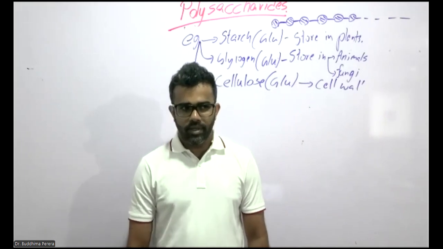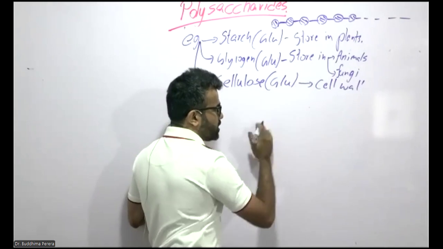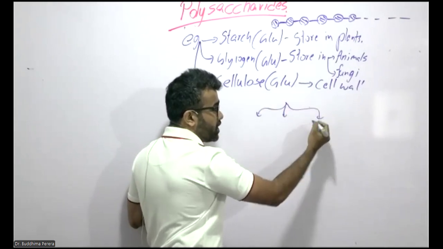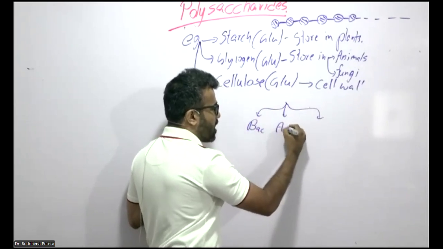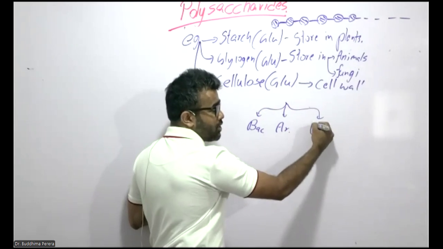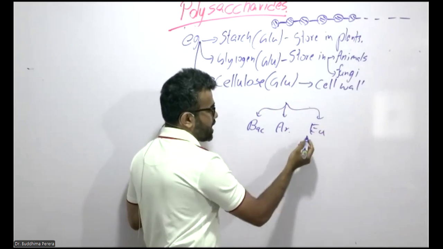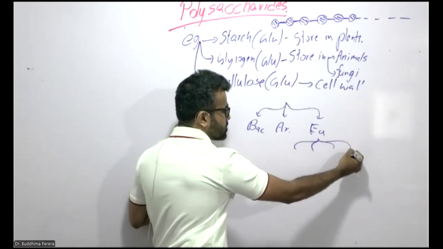Can you remember? We divide organisms into three domains, bacteria, archaea, and eukarya in O-level syllabus. In eukarya, we divide into 4 kingdoms. What are they?